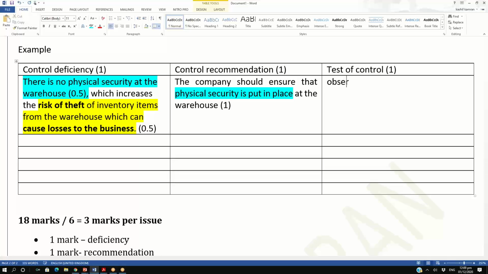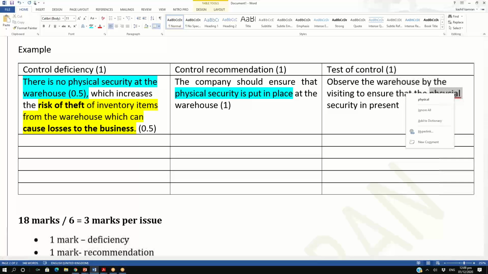So I will observe the warehouse by visiting to ensure that the physical security is present. It's a physical security, right?